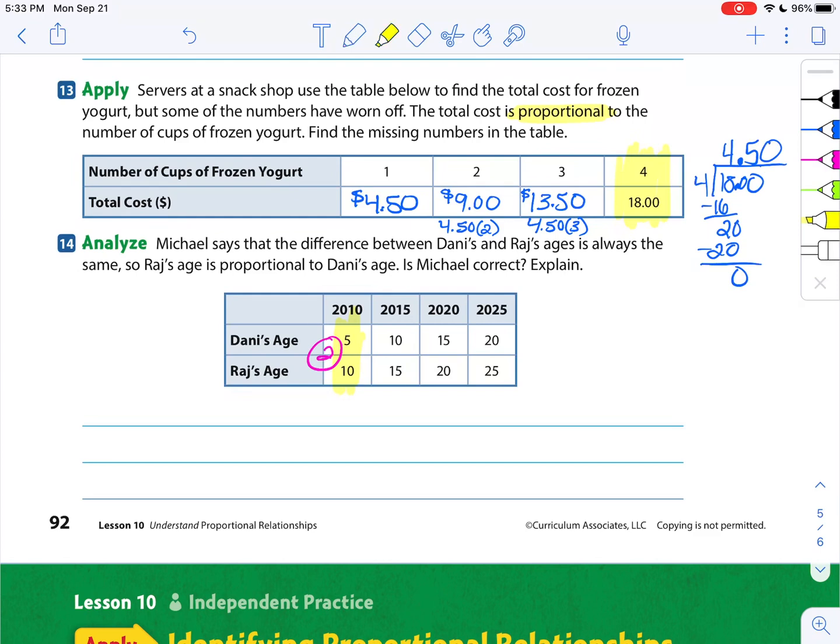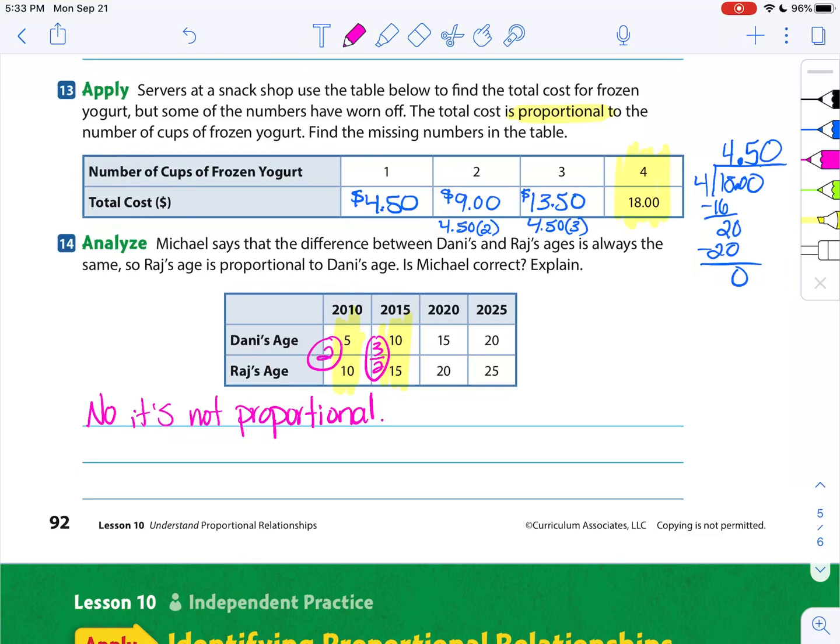When we look at the second ratio, 15 to 10, 15 to 10 has a ratio of 3 to 2, which is not the same thing as their ages in 2010. So no, it's not proportional. And it wants us to explain why.